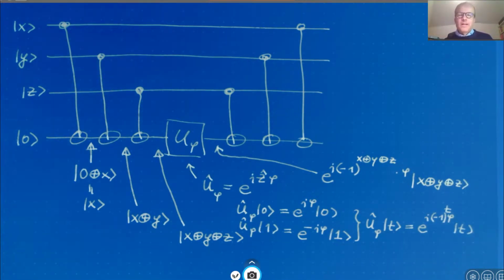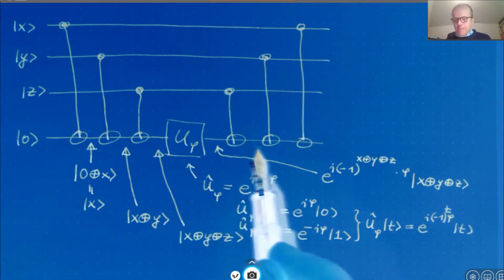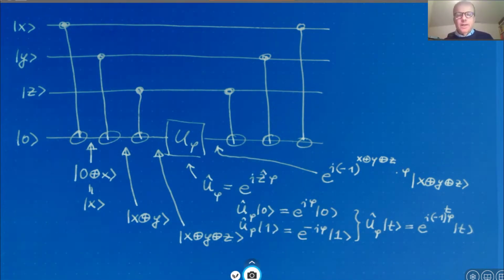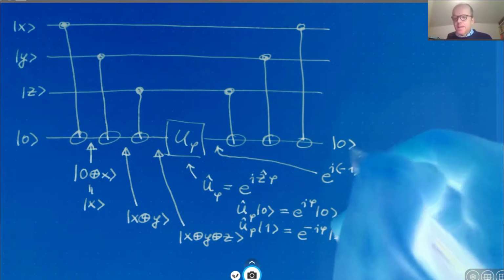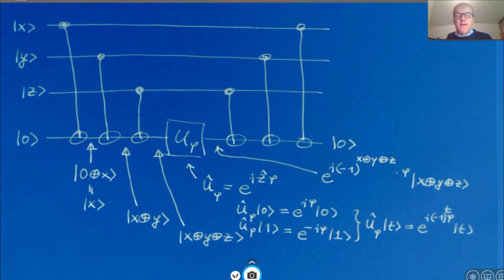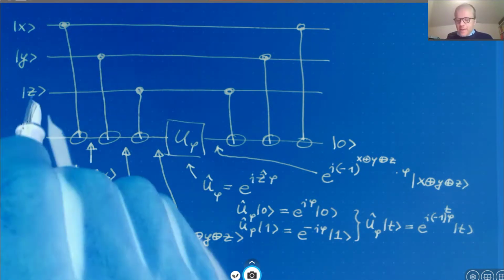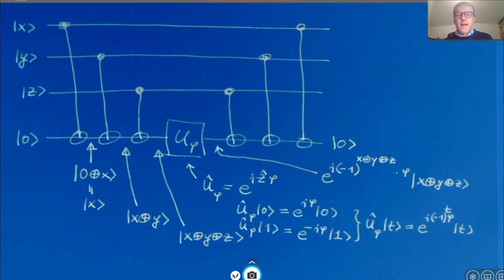And then the rest is really trivial because the C-naughts basically undo the initial C-naughts, and the auxiliary qubit ends up again in the basis state 0. The other three qubits haven't really changed during the entire circuit.